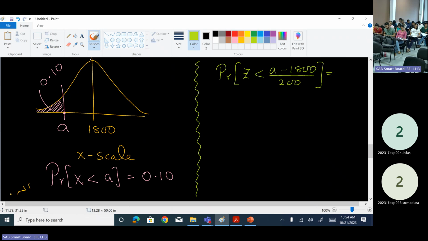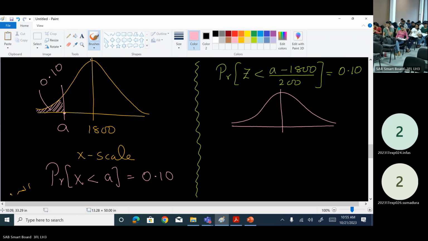So we have transferred this into the Z scale, but the probability doesn't change; it stays 0.1. So we have transferred the general normal to the standard normal. After transferring to standard normal, we draw the Z scale sketch. Now this is the Z scale.